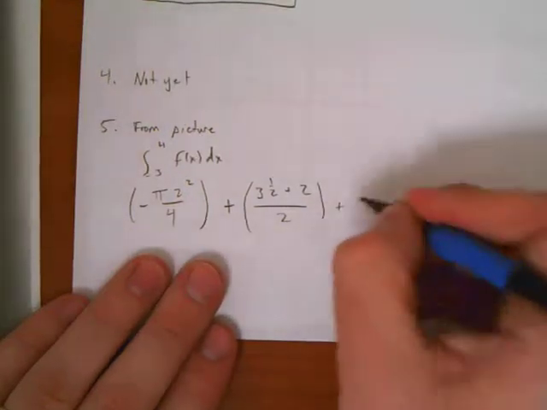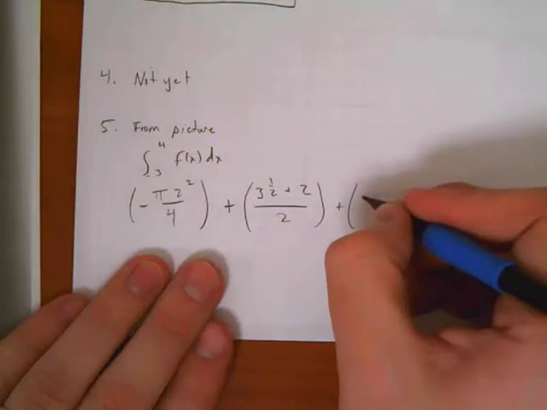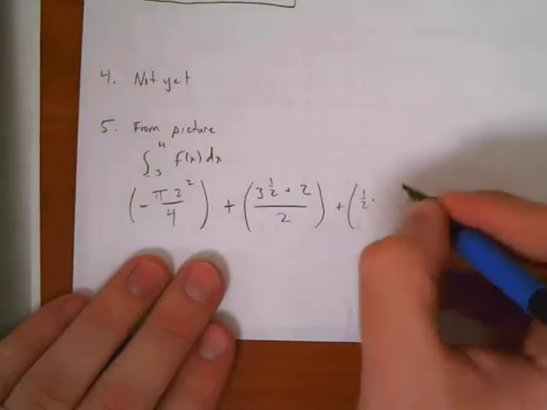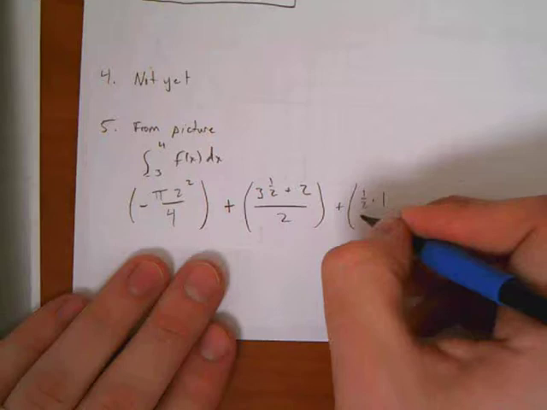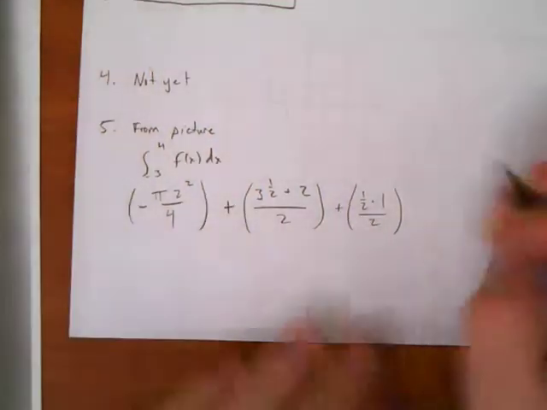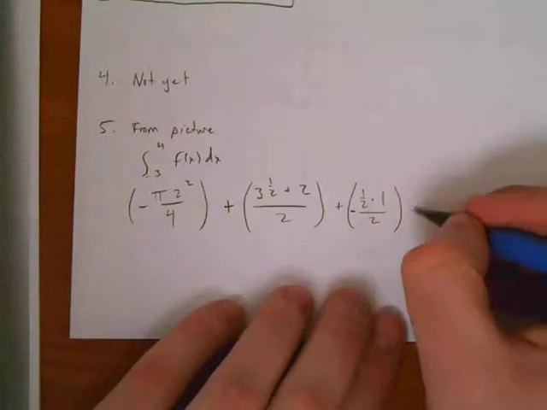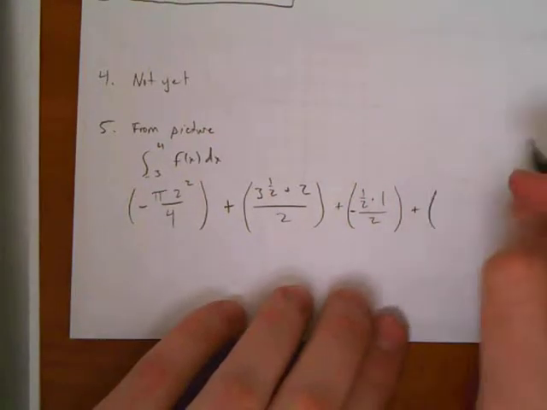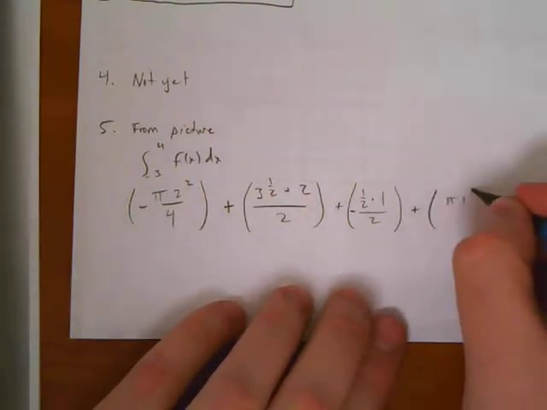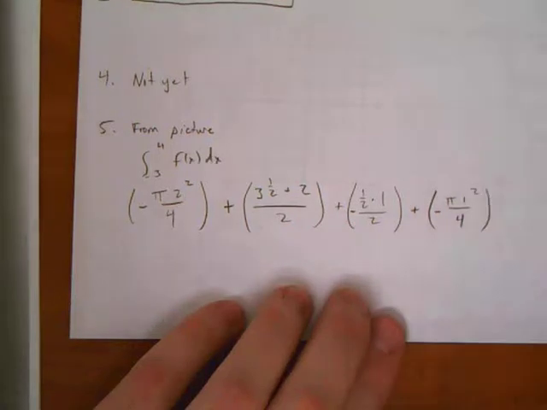Then I have a triangle that's below the axis, and its base is 1/2. Its height is 1, and of course we divide it by 2, and it's negative because it's below the axis. And then we have another quarter circle that's below the axis with a radius of 1, and of course dividing it by 4 because it's a quarter circle.